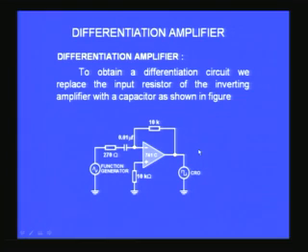Okay, how do I check whether it is performing a differentiating operation? If I give a sine wave, I have no way of knowing it, because a sine wave after differentiating becomes another sine wave or cosine wave with a phase difference of pi by 2. Therefore, I would not be able to distinguish between the input and output with any characteristic features, and I would rather go in for the well known fact that we have already learned in the integrating circuit, that when I apply a square wave to an integrating circuit, I get a triangular wave.